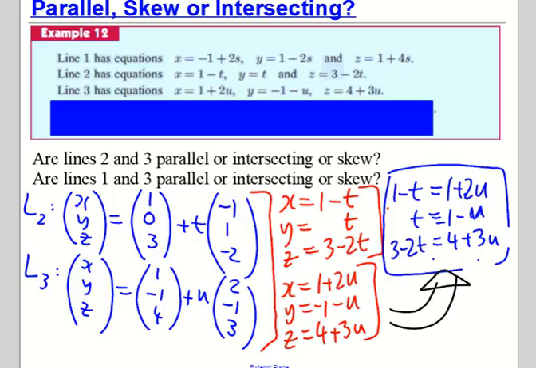So, if we look at these three systems, are lines 2 and 3 parallel, intersecting, or skew? Let's look at the equations. We can see straight away they're not parallel because these direction vectors are not scalar multiples of each other.